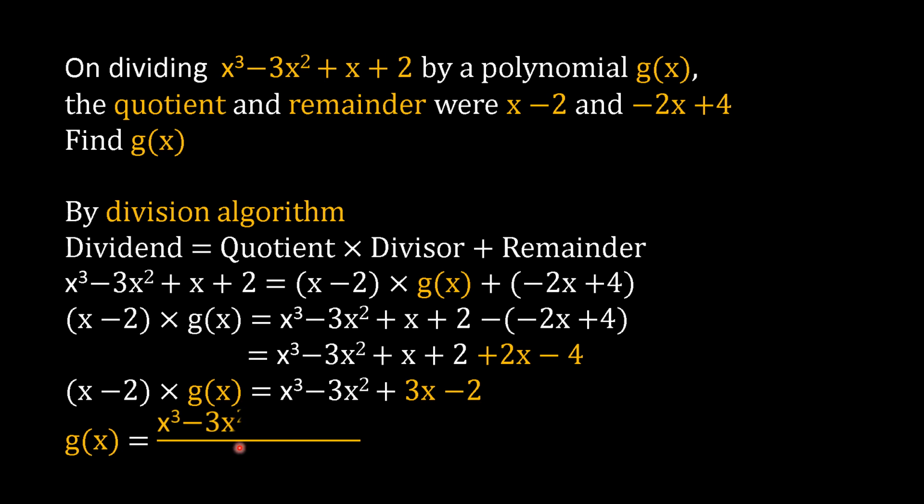That gives us g(x) as x cubed minus 3x squared plus 3x minus 2 divided by x minus 2. We have just got g(x) equals x cubed minus 3x squared plus 3x minus 2 divided by x minus 2.